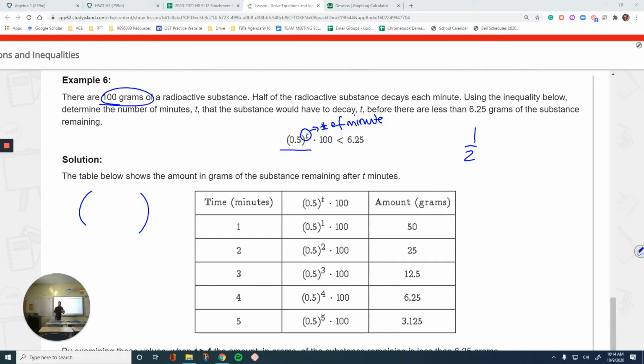Let's see what happens after 1 minute. Once 1 minute is done, it's going to be the initial number times our rate, which is either 1 over 2 or 0.5, that doesn't matter. And then the T after 1 minute is going to be this. When you type this on Desmos, it will give you 50 grams. Let me take all of these to the side.